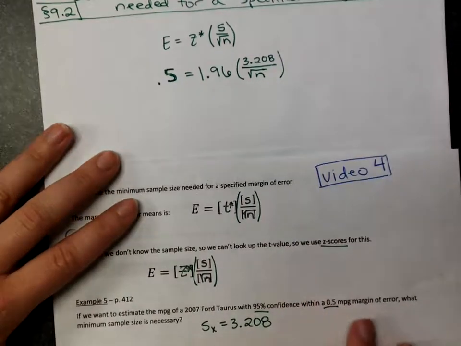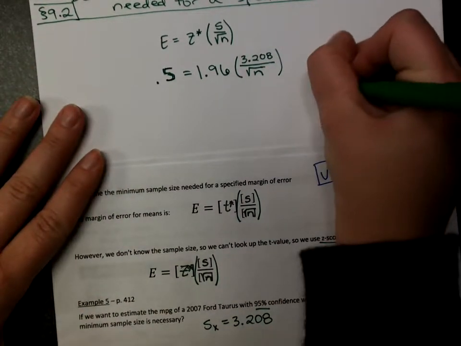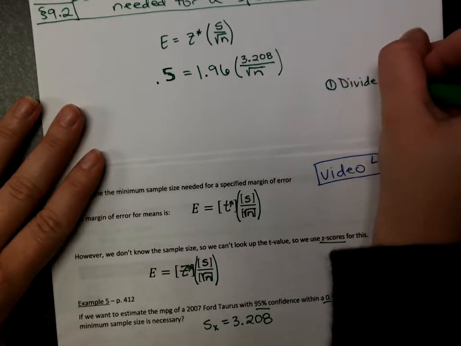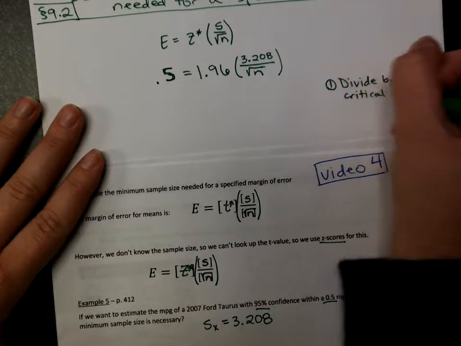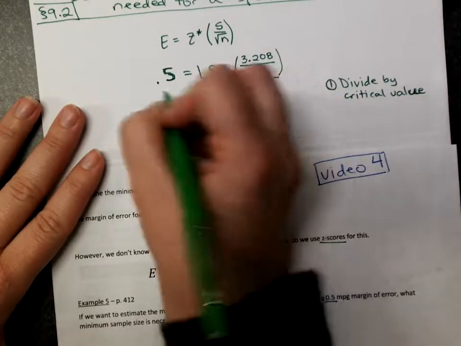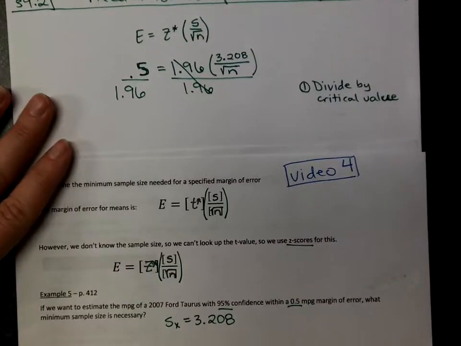So again, it takes some algebra here, and we all do algebra a little bit differently, but the steps I take is that I divide by the critical value. So I divide both sides by 1.96, and you end up getting a really nasty decimal.